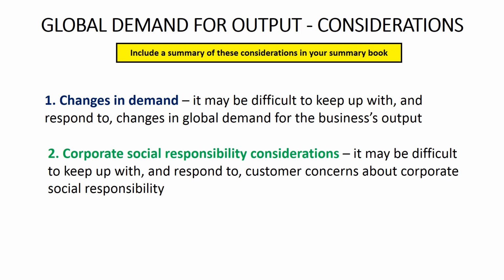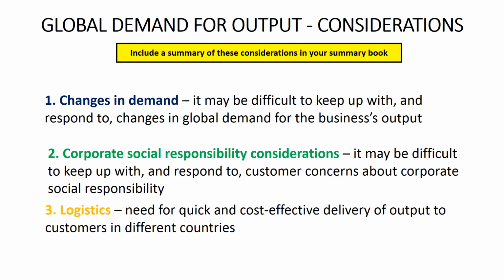Yet we know that customers are important stakeholders in a business and that one of the key factors that influences customers in their purchasing decisions is corporate social responsibility considerations. And the business must not just ensure that it complies with its corporate social responsibility obligations, but also that its input suppliers and any overseas manufacturers also comply with corporate social responsibility obligations.